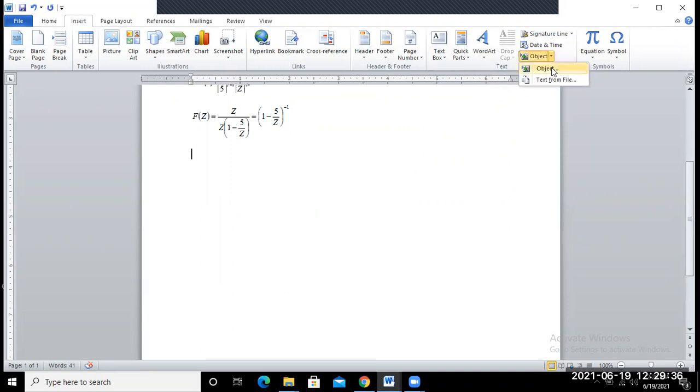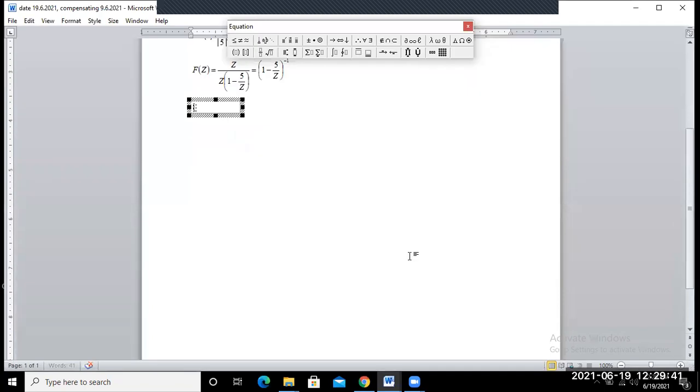So F(z) equal to 1 plus 5 by z plus (5 by z) whole squared plus (5 by z) whole cube, and so on.